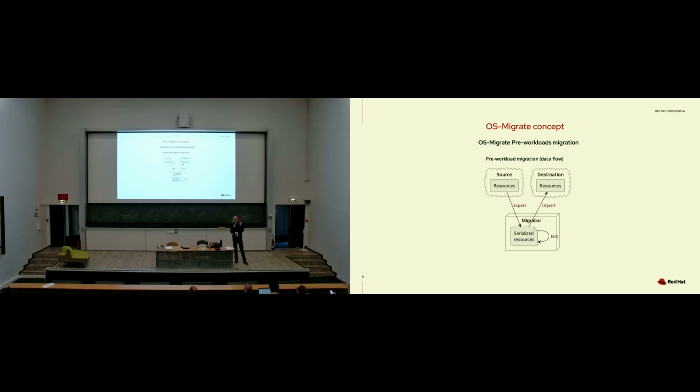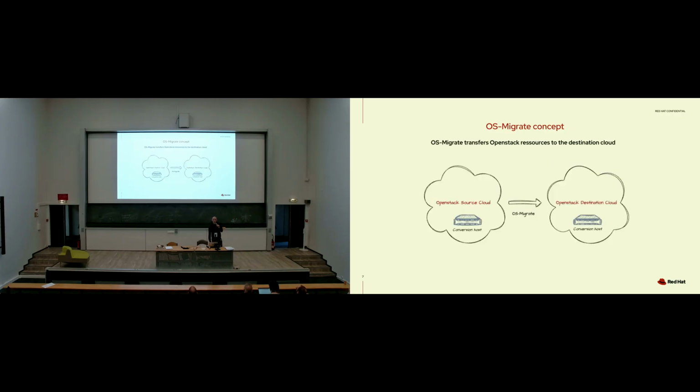So that means in the middle, you have the ability to modify if you want, for example, if you want to specify a specific network or just change the flavors or whatever, you can tweak your pre-workload migration like this.